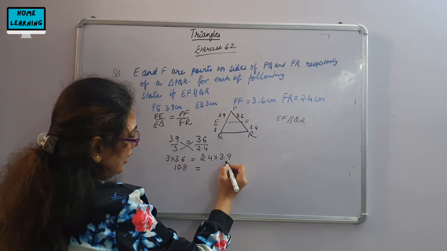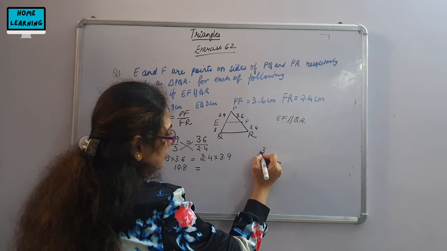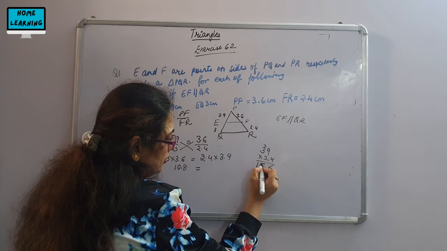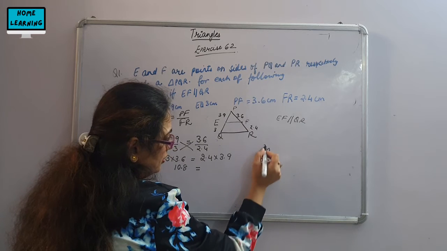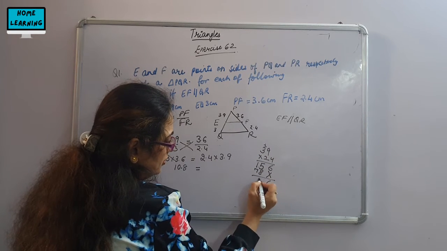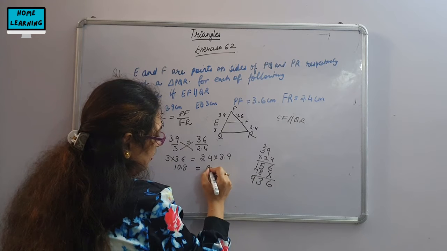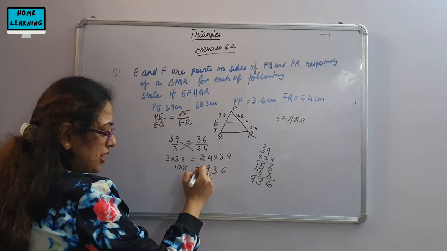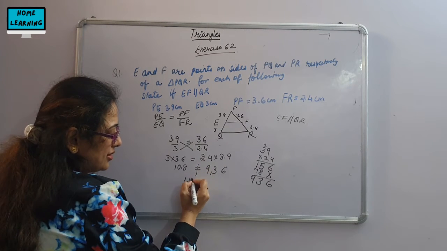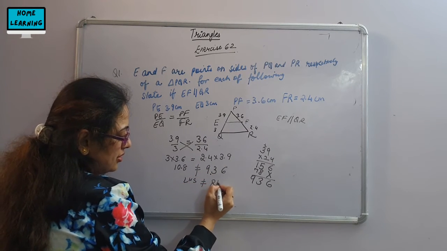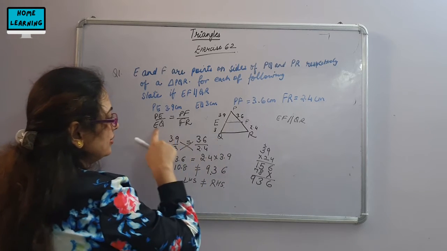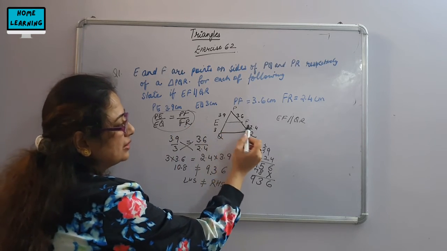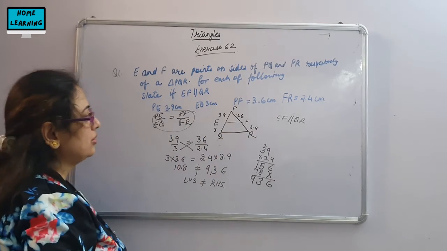We get 9.36 and 10.8, which are not equal. When LHS is not equal to RHS, this means that the condition is not satisfied, and when it is not satisfied, then these two lines are not parallel to each other.